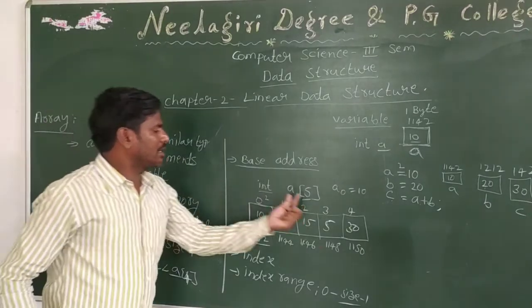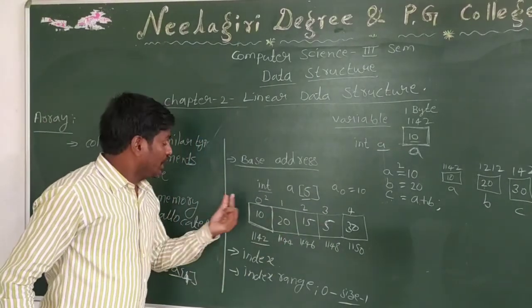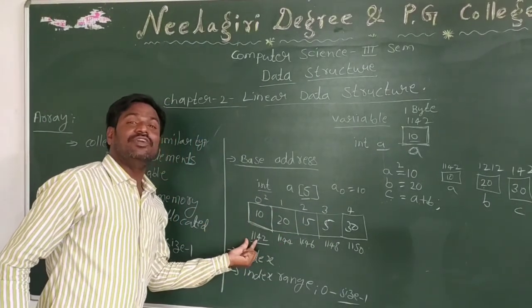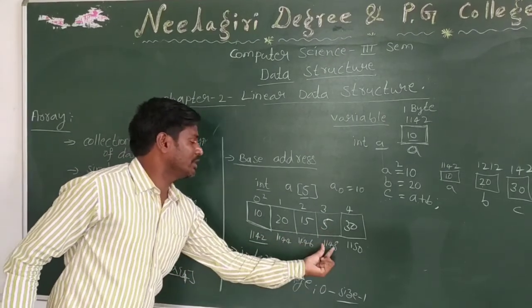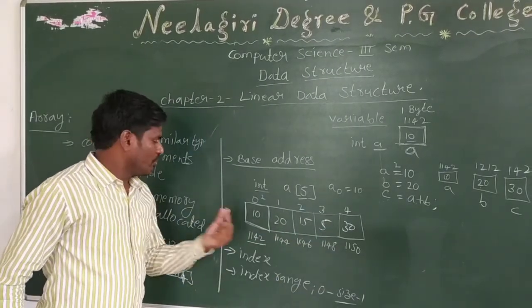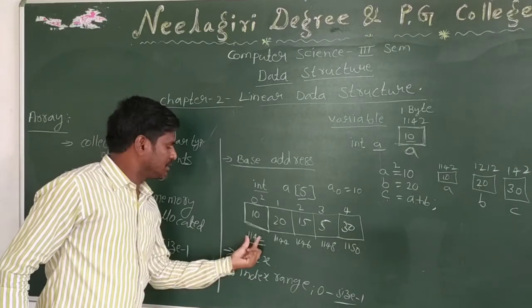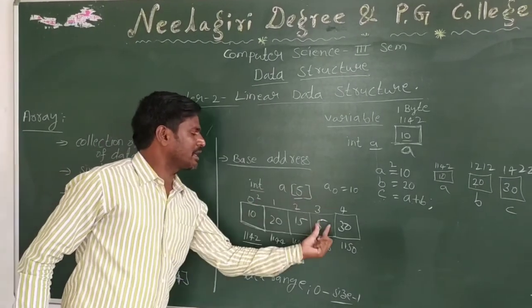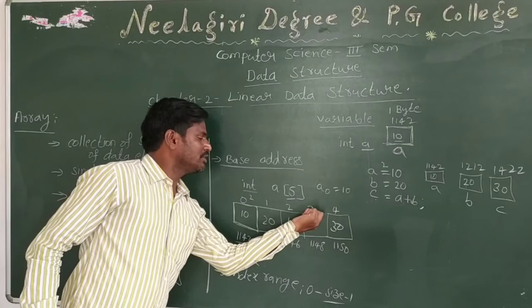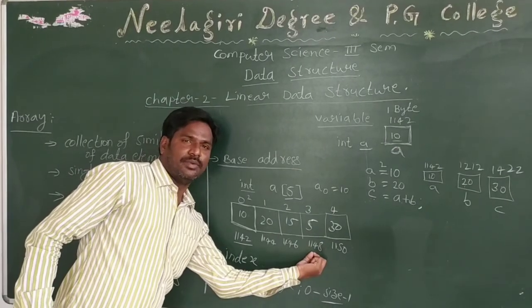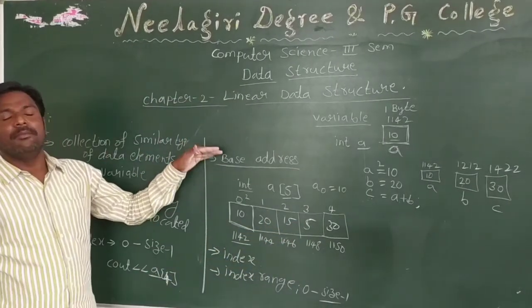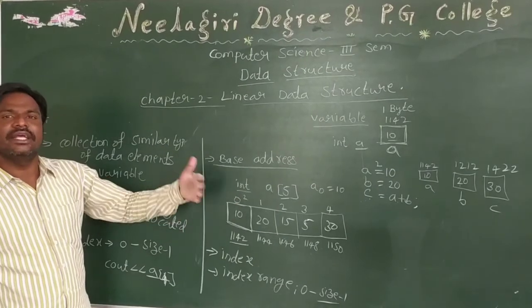Now I want to directly display the 5. If you know the base address, we can know the address value at 1148. If you know the base address, you can directly identify the address of the third element. That will be discussed in memory representation in the next classes.